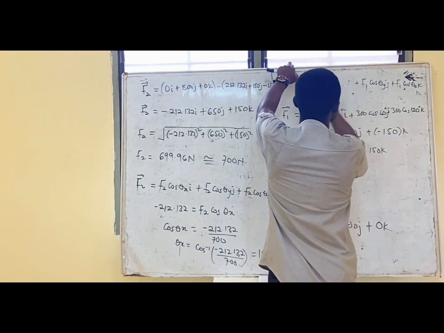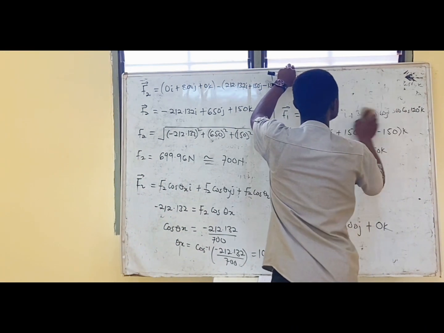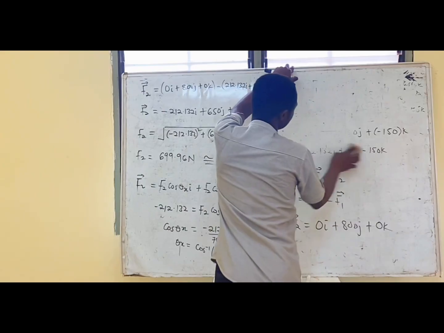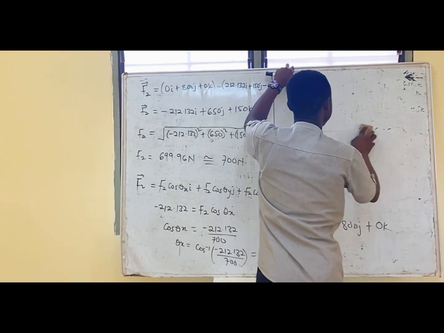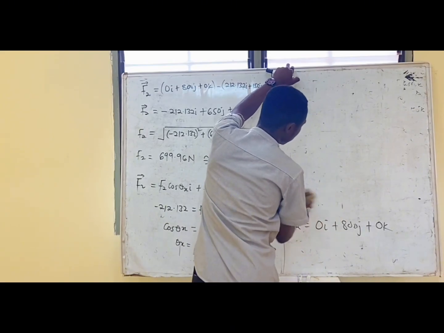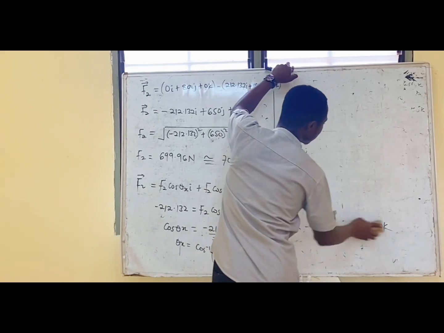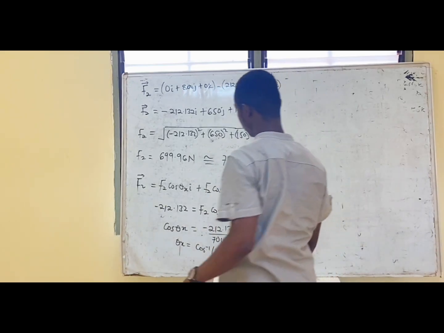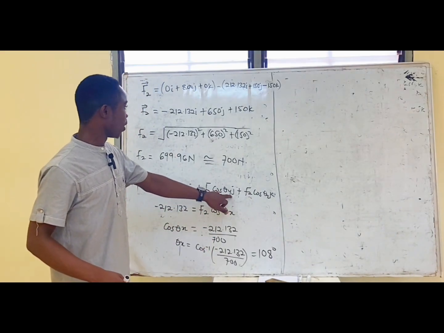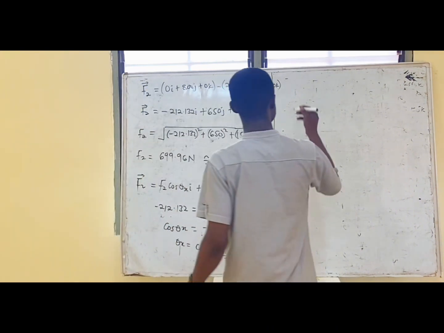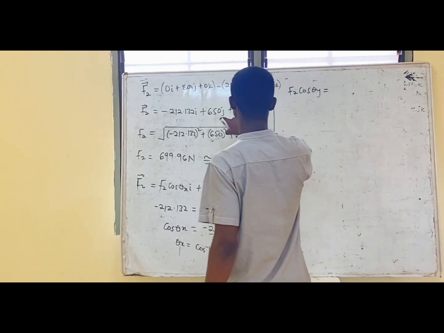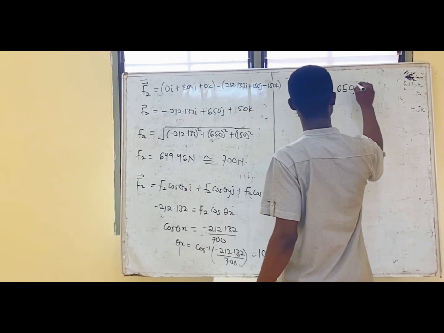So let's proceed to solve for the other angles. We have our theta y and our theta z to also calculate. We are still going to compare the two equations. Comparing the two equations, we will again compare the coefficient of j here to the coefficient of j here. So we get F2 cos theta y equal to the coefficient of j, which is 650.